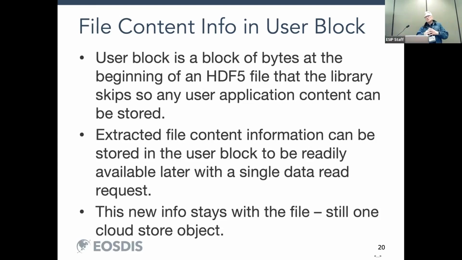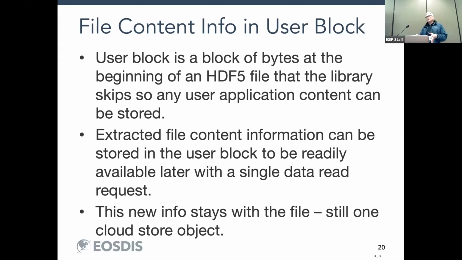These are the bytes that the library leaves to the user application, whatever content to put there. So the idea here is that you create a file, create a user block of N bytes, run whatever you need to run to collect the information about the file content, and then stuff that content in whatever format you want into the user block.